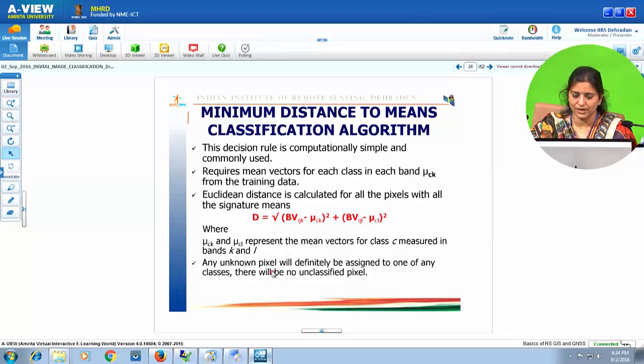So we are calculating the Euclidean distance of that pixel with the mean of the signature, where mu ck and mu cl represent the mean vectors for class C measured in band K and L. Any unknown pixel will definitely be assigned to one of the classes. There will be no unclassified pixel.